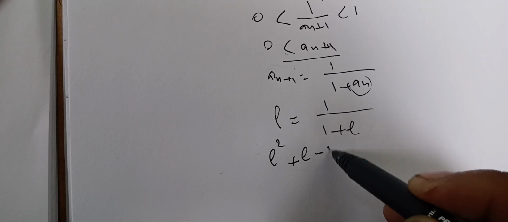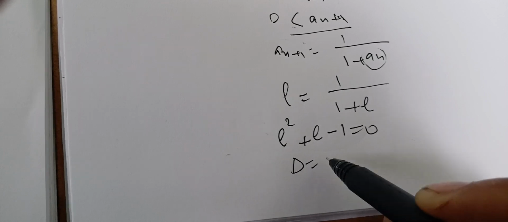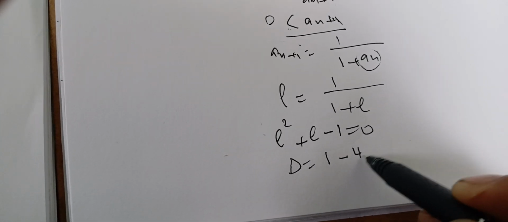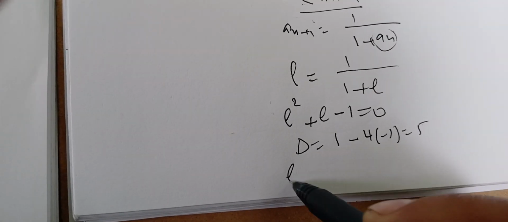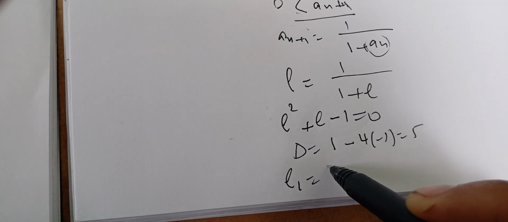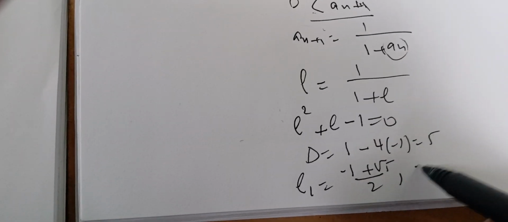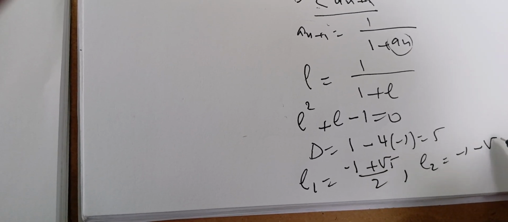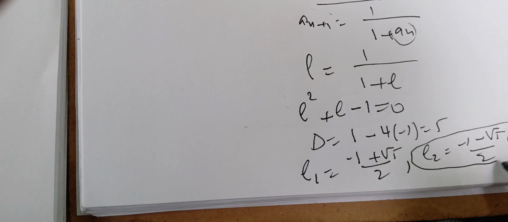Subtracting 1, we get L squared plus L minus 1 equals 0. Now using the discriminant, delta is 1 minus 4 times minus 1, which is 5. Therefore, L1 is minus 1 plus square root of 5 over 2, and L2 is minus 1 minus square root of 5 over 2. This one is negative, so it cannot be accepted.